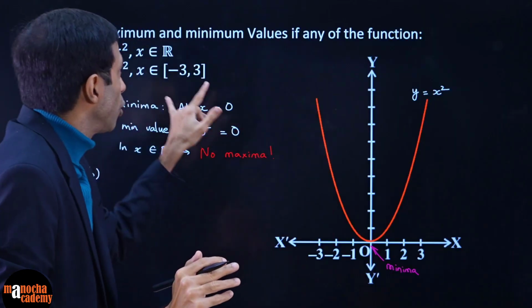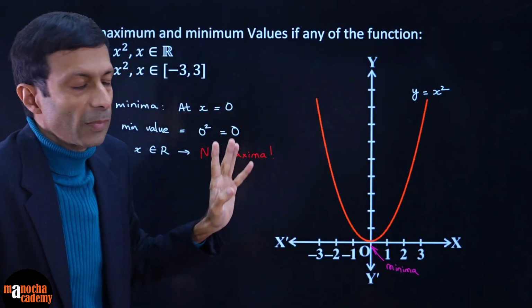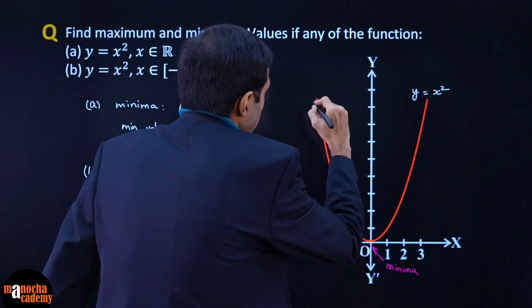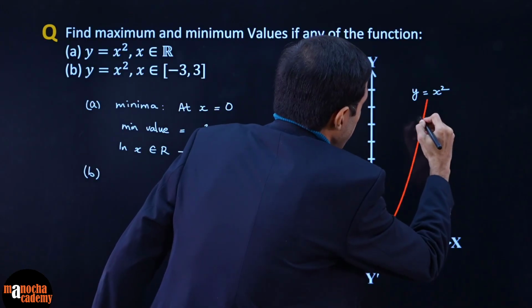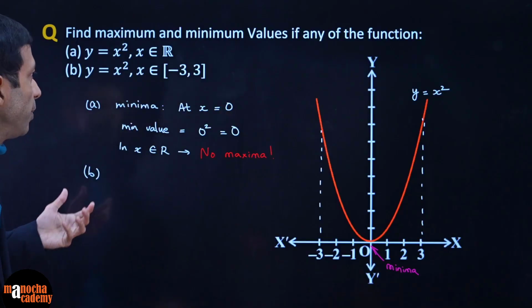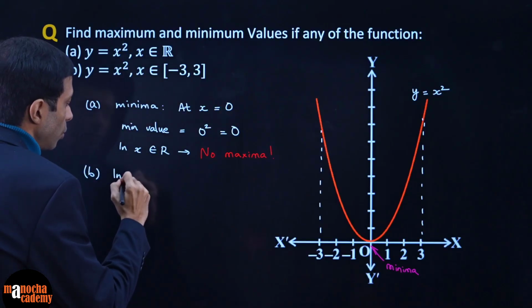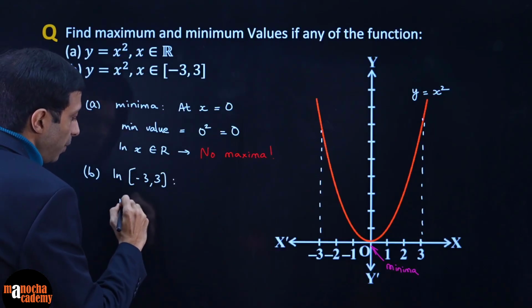So this is with the closed, square brackets. I want you to go from minus 3 to 3. So minus 3 to 3 means from here to here. Now you guys tell me, what will be the maxima and minima? So in this interval, minus 3 to 3, this second part, again the minima is very clear.